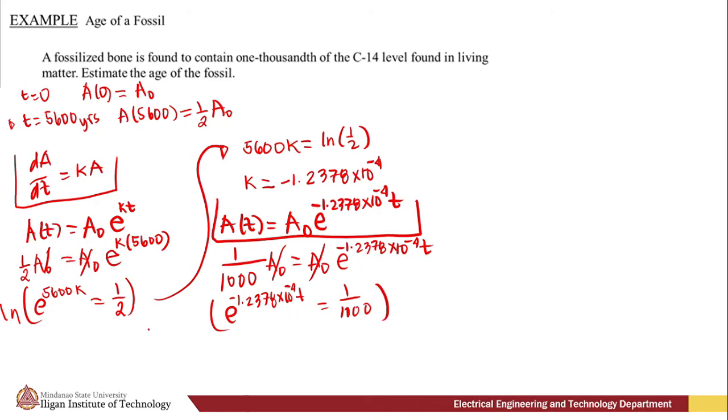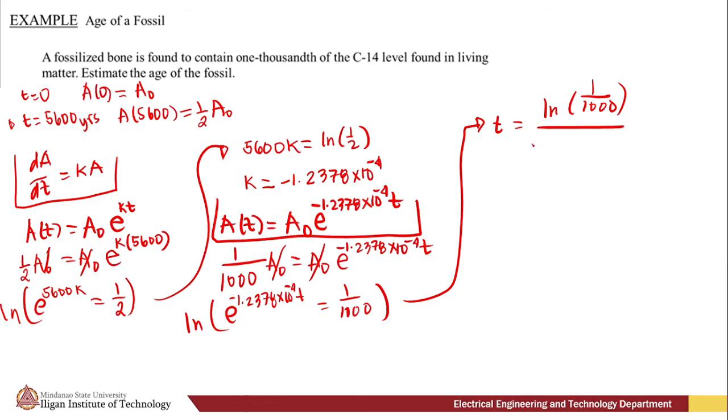Applying ln to both sides of our equation, we have t equals ln of 1 over 1,000 divided by negative 1.2378 times 10 to the negative 4.